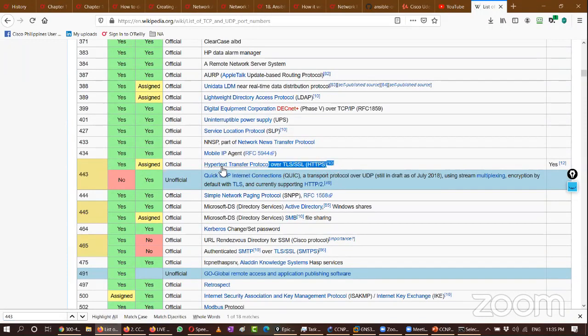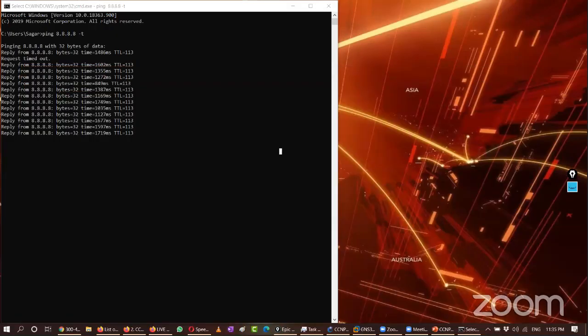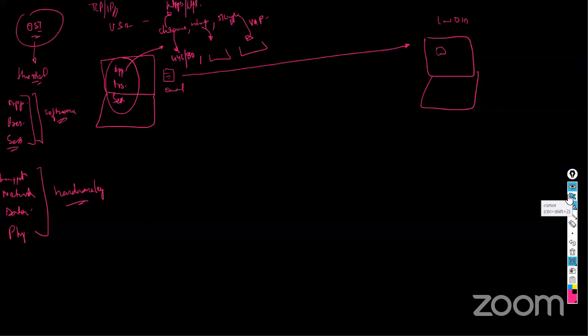Very important things which you need to remember. These are the port numbers on which your software is built. All the port numbers are associated with the application. So once you make use of Chrome, the port numbers get triggered. The port number is then going to send that information to presentation.